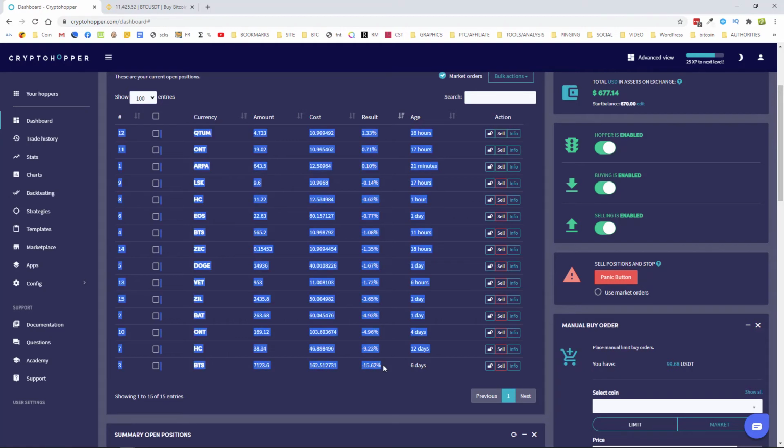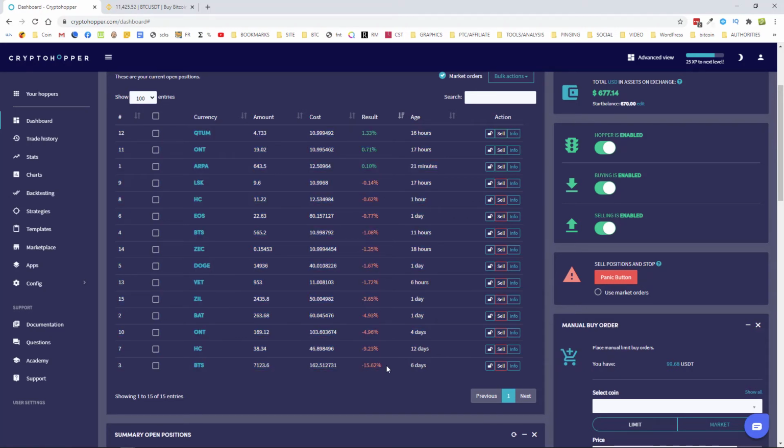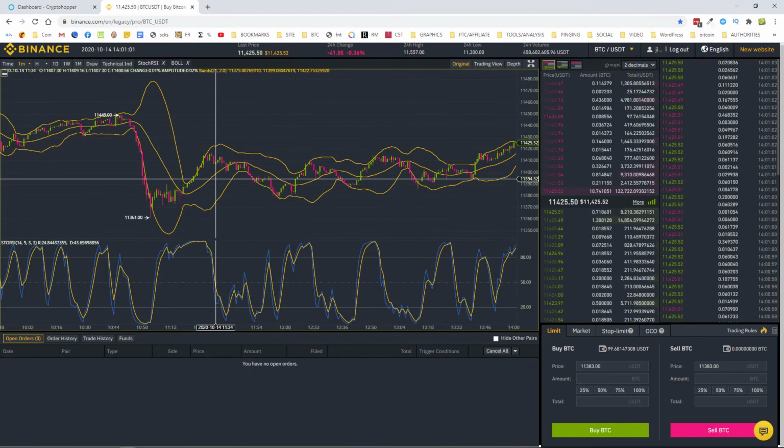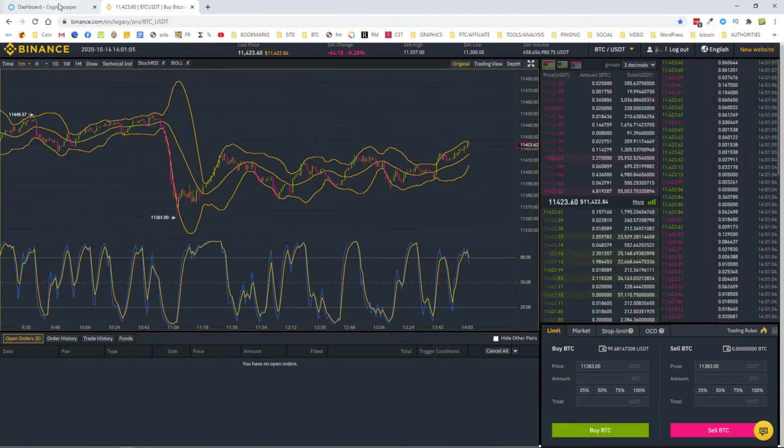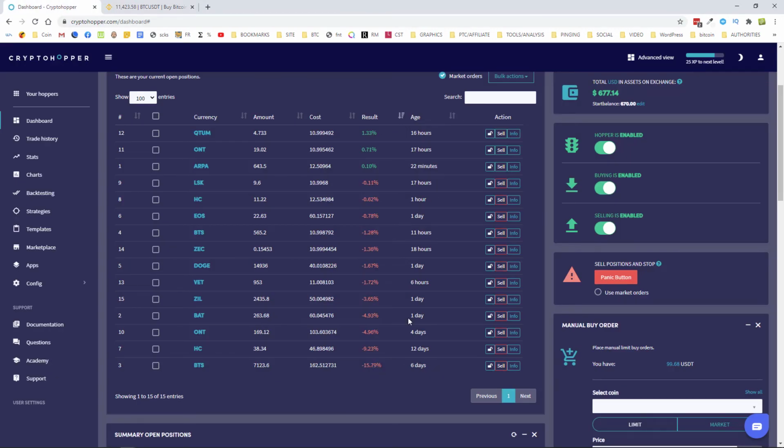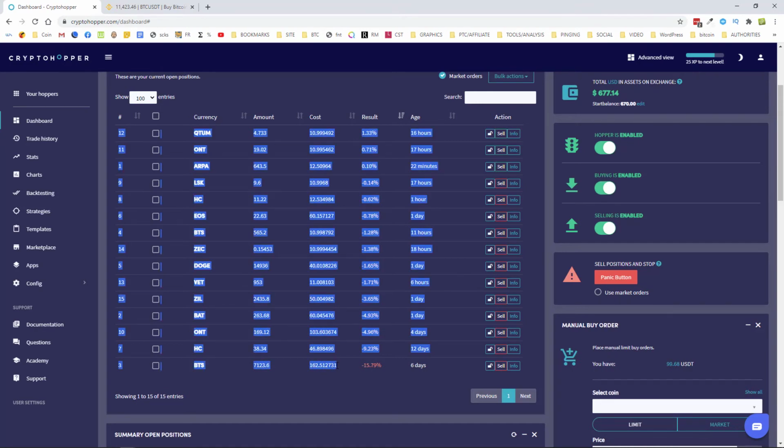I will wait for this to come back up into the green, and it will, because Bitcoin price will go up and down, and that will go back up into the green. So that's my worst one at the moment, and I'm not even slightly worried about it. I'm just annoyed that I have to wait for it. All right.